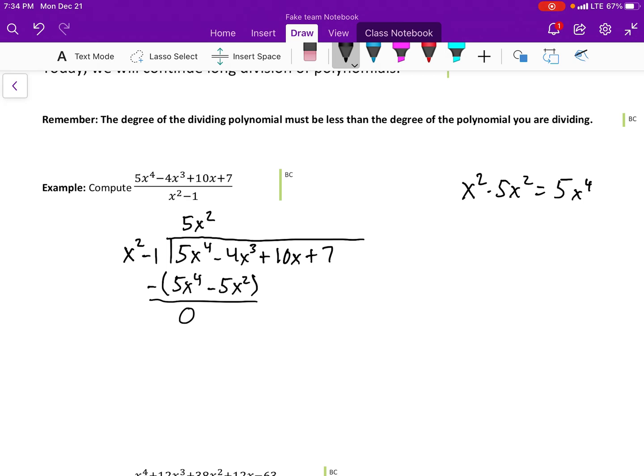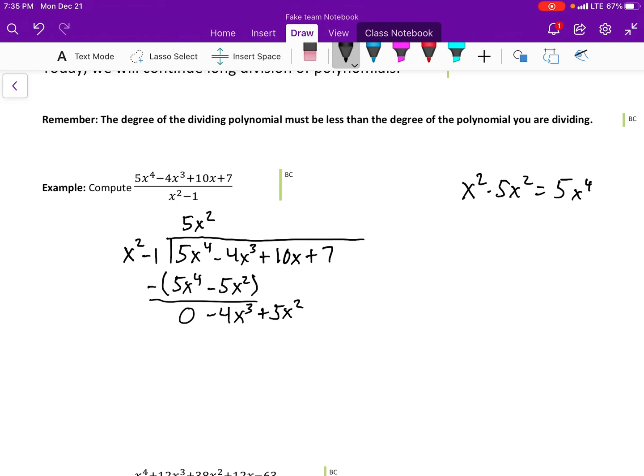So I'm just going to bring down the minus 4x to the third and then carry along the plus 5x squared. Okay, remember, the reason why this is plus is because we're subtracting a negative 5x squared. So subtracting a negative, when you have two negative signs, they cancel out, and so it becomes a positive. So now we have negative 4x to the third plus 5x squared.